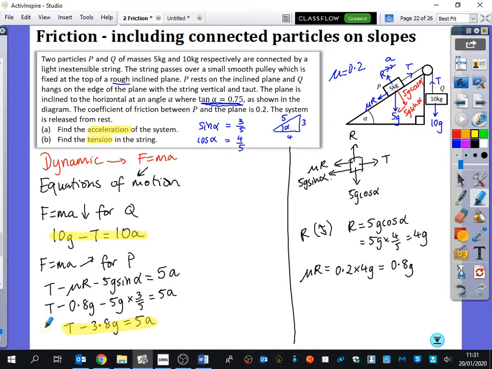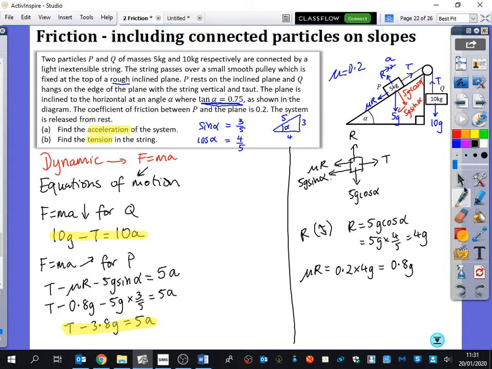Now, I don't care how you solve these simultaneous equations. However, there is always going to be a particular method that works for this one. Can anybody spot a good method to do with these two highlighted equations? Yeah, if you add these equations together, the T's cancel. So that's always a good way of doing it.